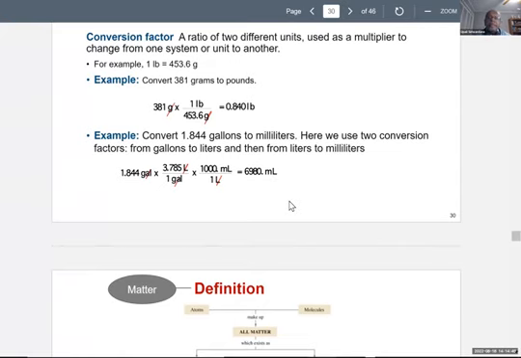A milliliter is 1/1,000 of a liter. 1 liter is 1,000 milliliters. So you know it from the prefixes. Therefore, you can convert gallons to milliliters using 2 conversion factors. All the numbers in the 2 conversion factors are not significant. Therefore, the answer should have only 4 significant digits, because 1.844 has 4, and 69.80 has 4. All right.